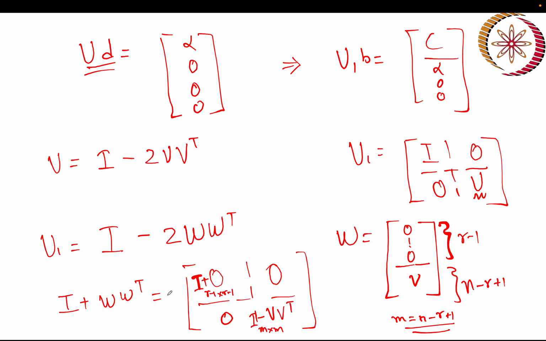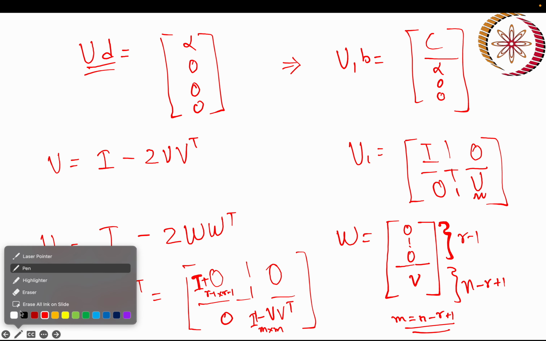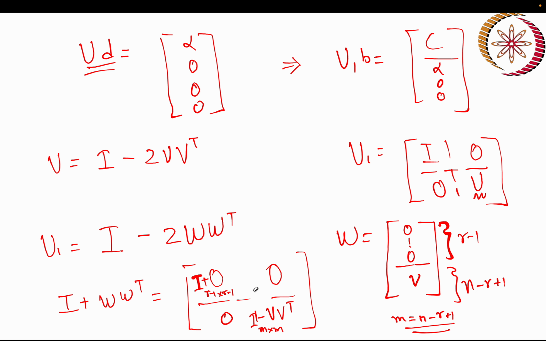It might be confusing now, but you can check it by yourself. So finally what we will get here is the identity matrix. I will write on the next page.